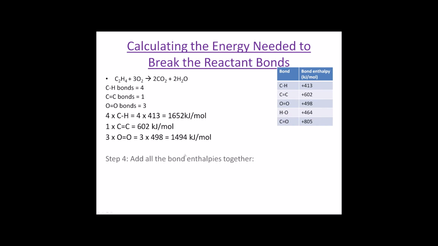Okay, and when we add all those bond enthalpies together, we get 1652 plus 602 plus 1494, and that equals 3,748 kilojoules per mole. So the amount of energy to break all the reactants is 3,748. I hope so far you're following this.